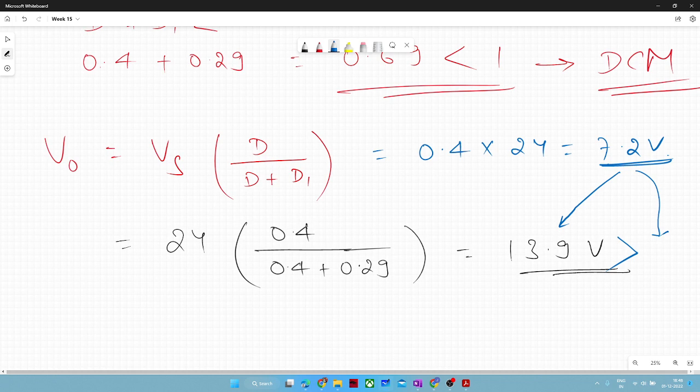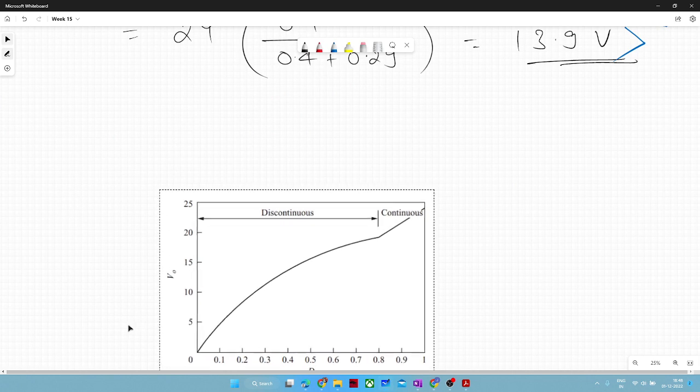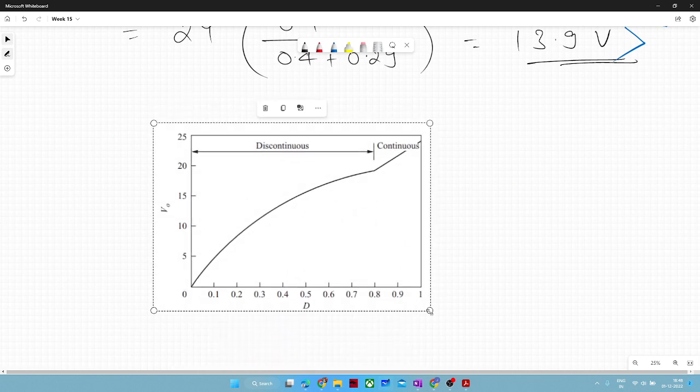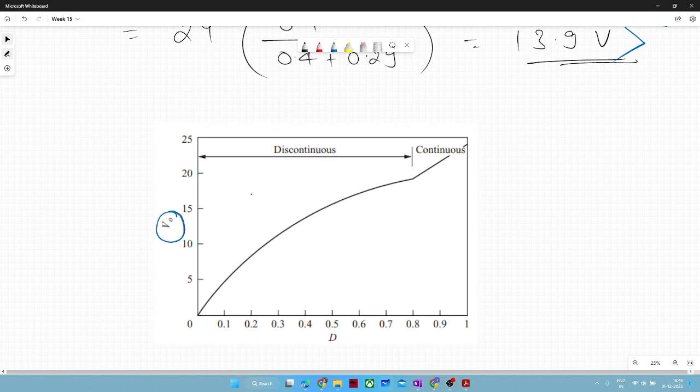Yes, sir. Yeah, fine. So let me show a graph here, which is again taken from the same book. So this is how your V naught will vary. During discontinuous mode, it is increased. 0.4 was the duty ratio, and corresponding to that, this 13.9 value is there.